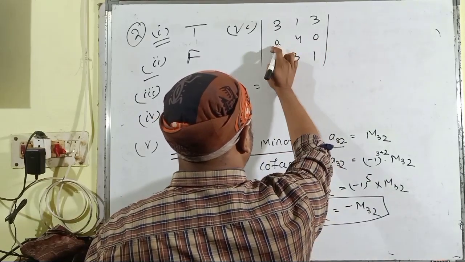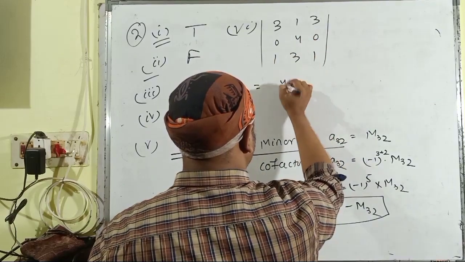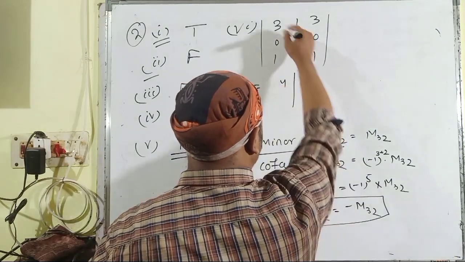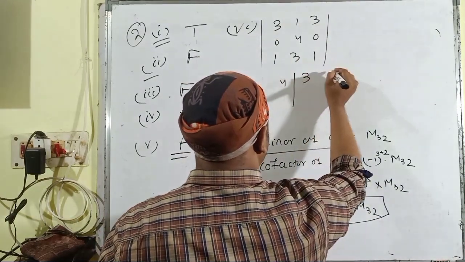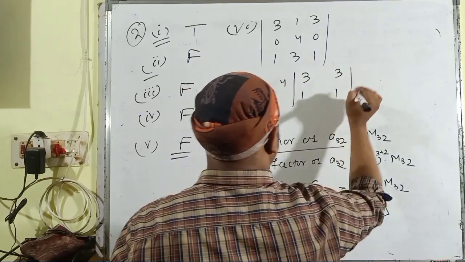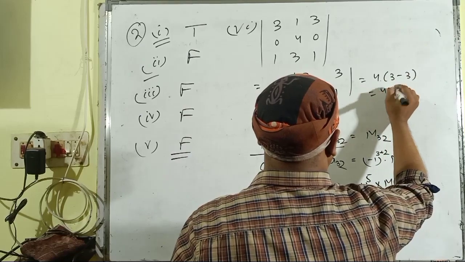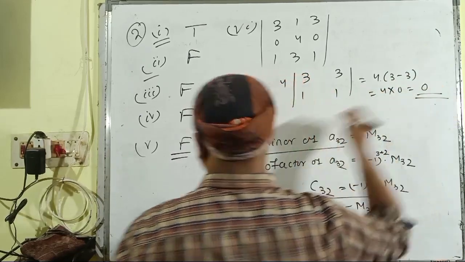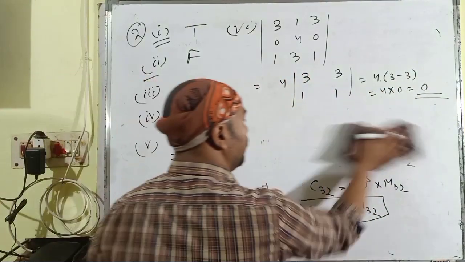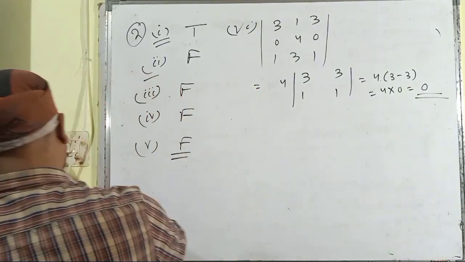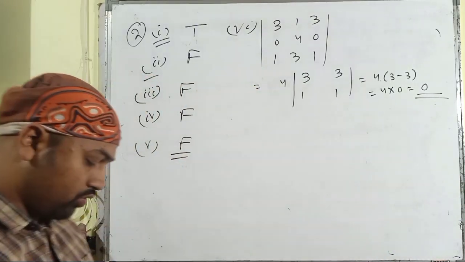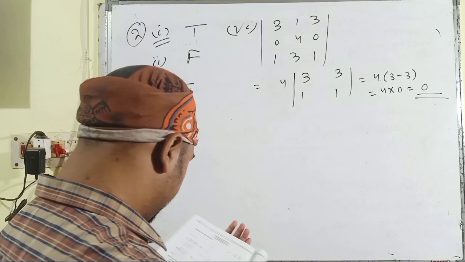This is minus, plus, minus, that means 4 multiplied with the determinant of 3, 1, 3, 1. Here it is 4 multiplied with 3 minus 3, that is 4 multiplied with 0, and that is equal to 0. This is the sixth bit. Then moving towards the seventh bit.